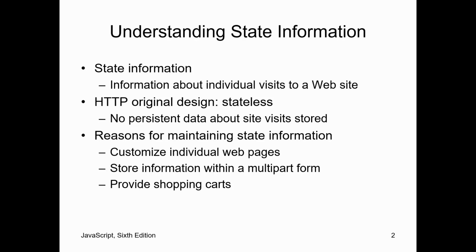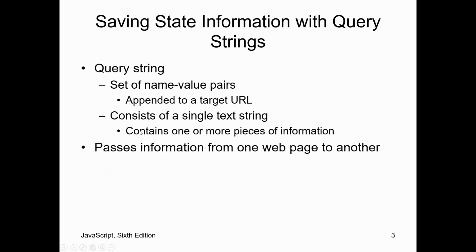So it stays in my cart, I log out, etc. I come back a couple days later and I go into Amazon and I look in my cart and it says that there's something in there. Well, I want that information to persist. Amazon wants that information to persist. Okay, we want to be able to customize individual pages, store information in multi-part forms, and as I just mentioned, provide a shopping cart. So how do you do that?